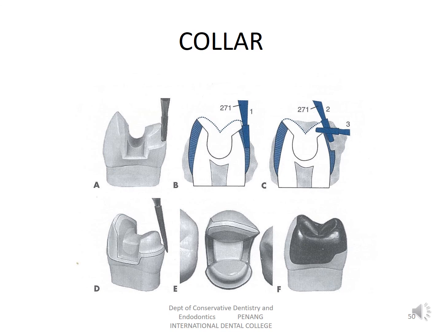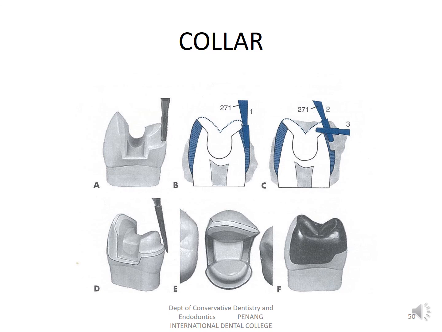Coming to the collar, unlike the skirt, the collar is given on the same area where cuspal reduction has been done. Once you do the cuspal reduction to get extra retention, we give a collar on the same cusp.